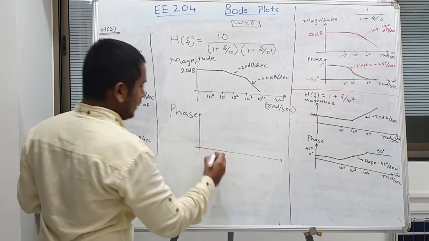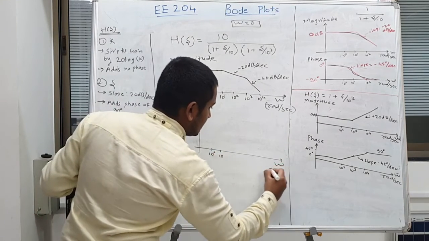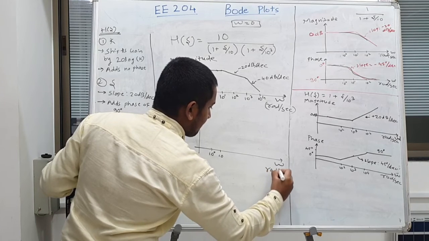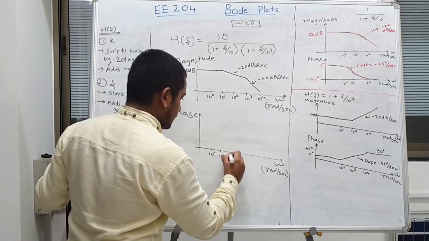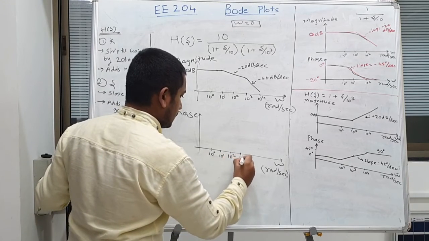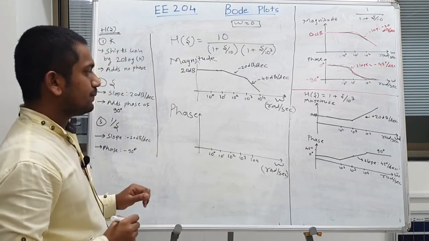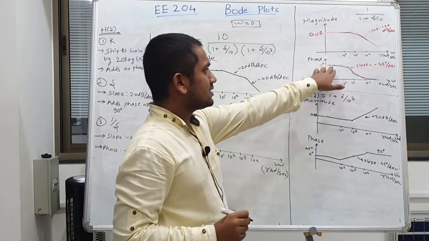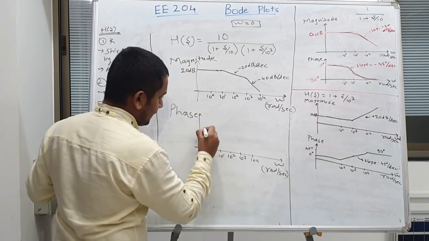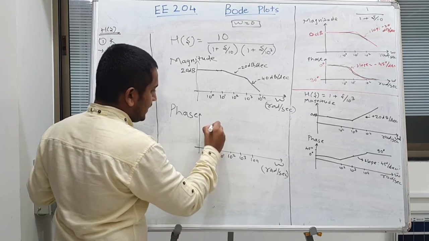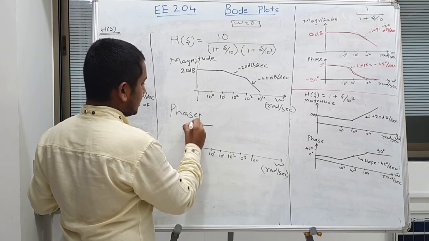Meaning, if we write the frequency omega in radian per second, initially there is no impact on phase when the frequency is 10 times smaller, meaning till we reach 10 to the power 0, the phase was 0 degree.